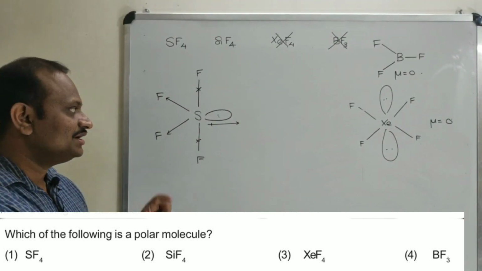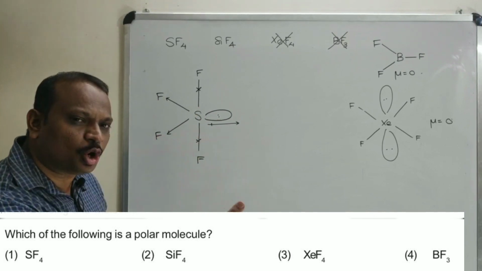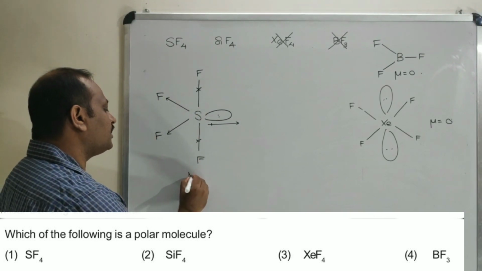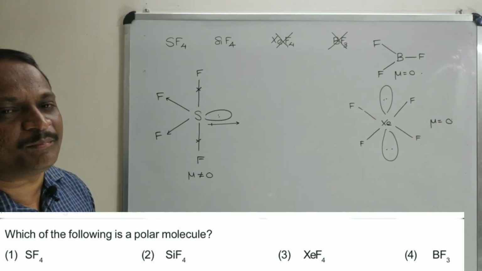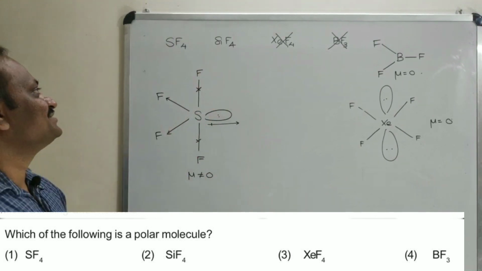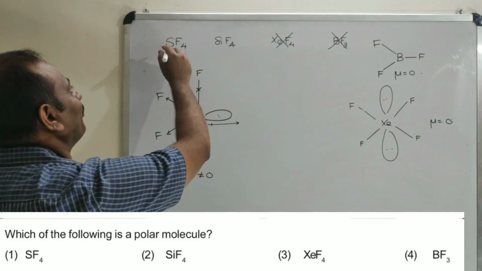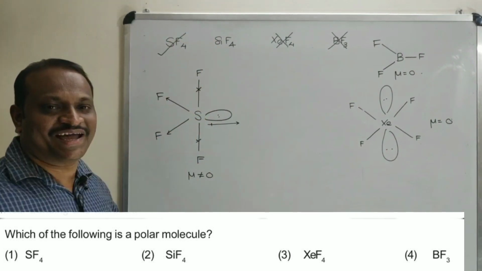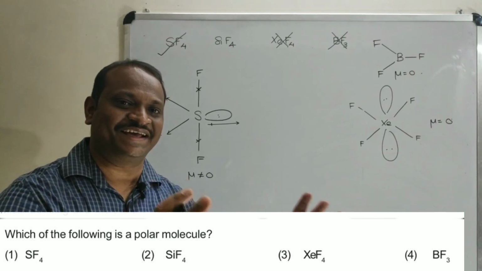So these two dipoles are not the same, and it is not getting cancelled. So the dipole moment is not equal to 0, which means this compound is a polar molecule.